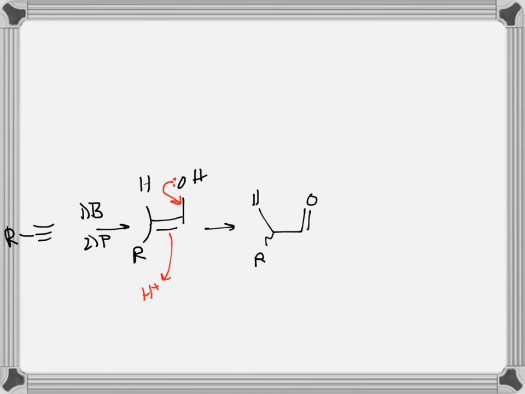Sorry, that wasn't meant to be a squiggly line. Does the oxygen want to remain positive? What happens? It steals the electrons from the hydrogen. The net result, we've ended with our carbonyl.